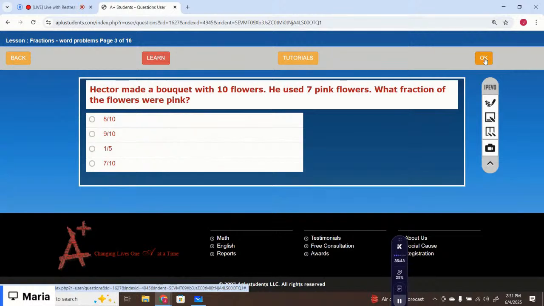That is 7 out of 10. The last option is the correct option. 7 out of 10 it is.